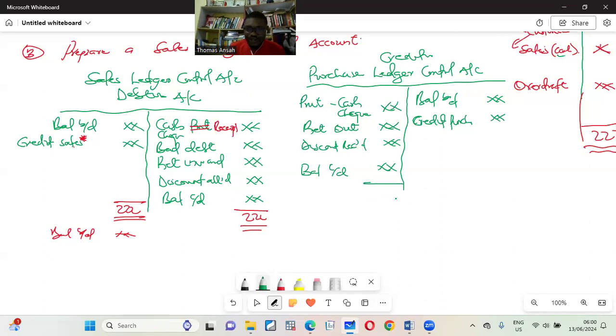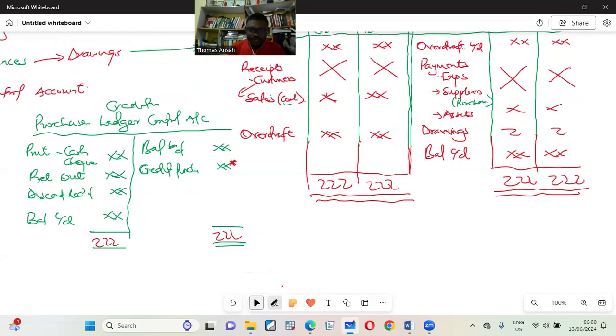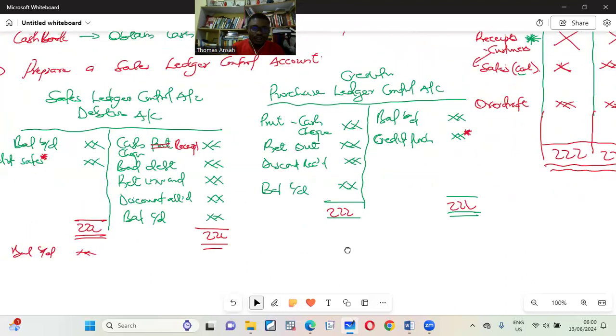All right. So it means that your missing item can be this one. Okay. So this one too, the missing item can be drawings. If it is not, then it means that you are looking at some receipts that you have taken from the customers.